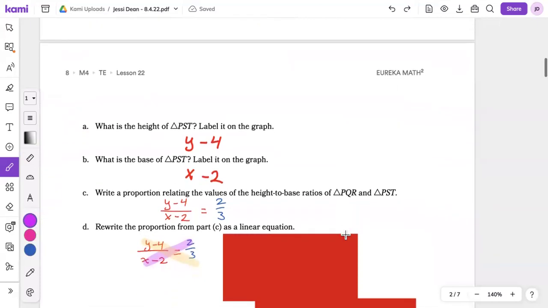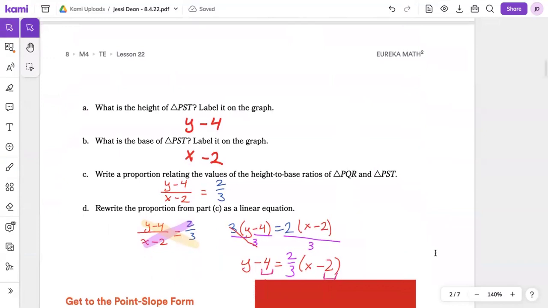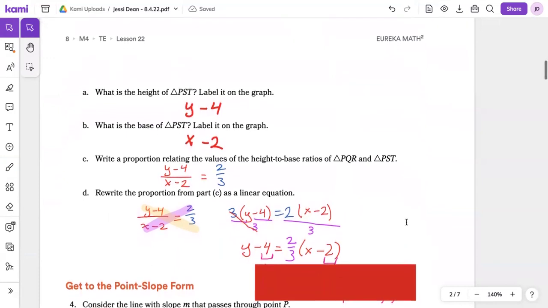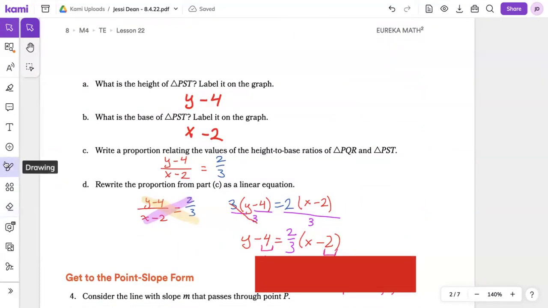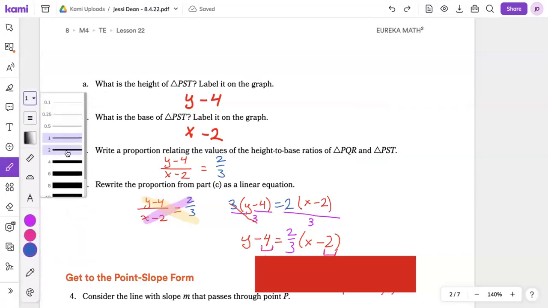So, of course, we're going to start by cross multiplying, which gives us 3 times the quantity y minus 4 equals 2 times the quantity x minus 2. And to simplify this, the only thing we're going to do is divide both sides by 3 so that we end up with this equation here, which is y minus 4 equals 2/3 times the quantity x minus 2.